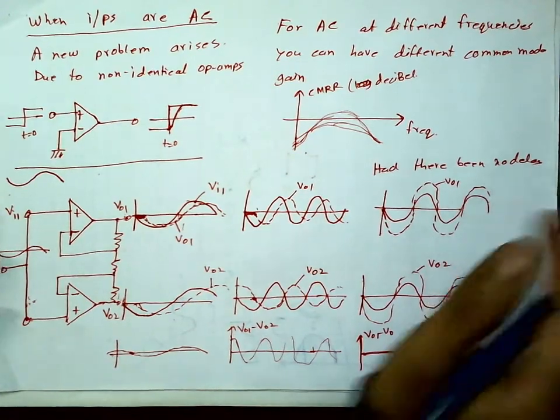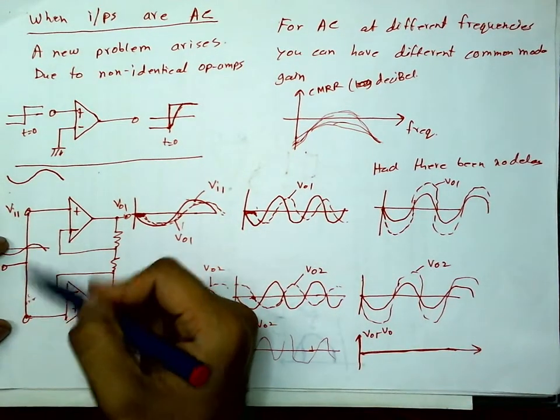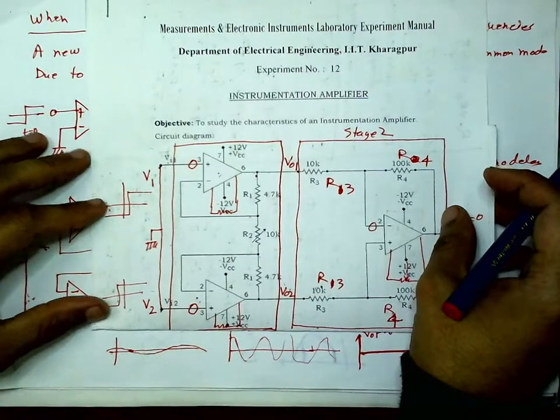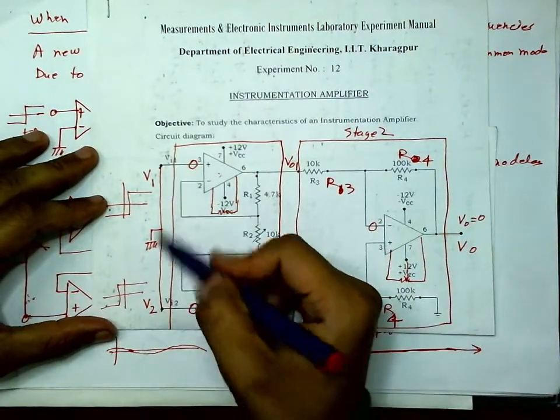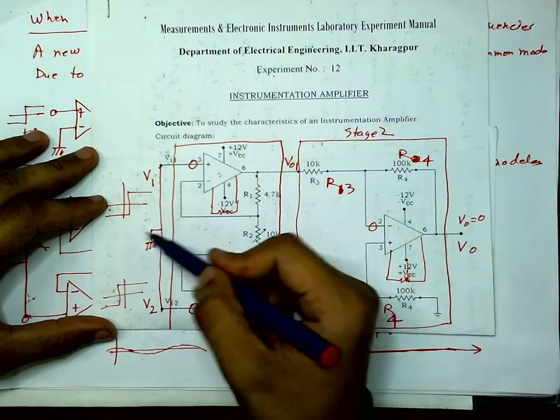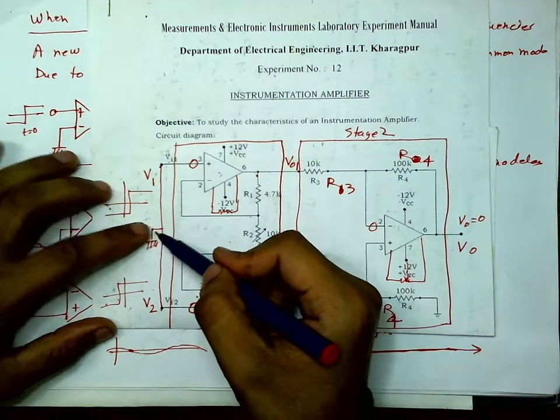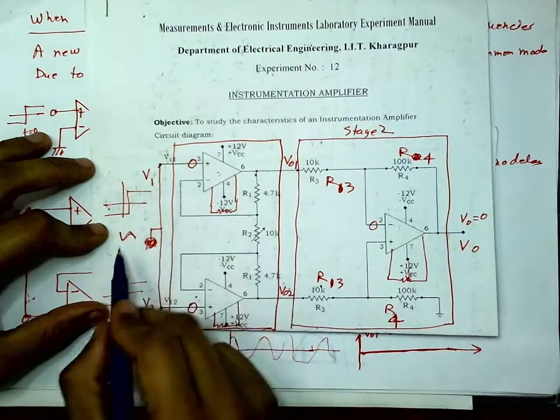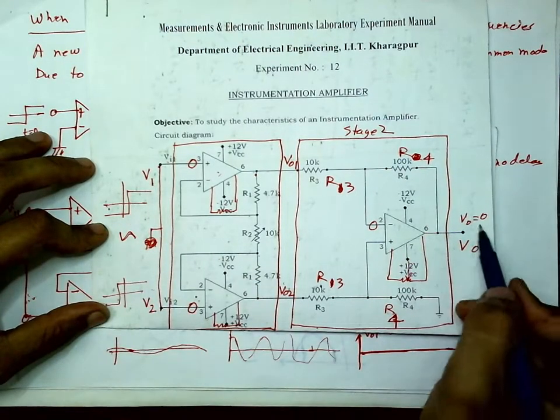What you have to do, you have to short these 2 terminals in this circuit, and give some sinusoidally varying input, not 0. Change the frequency and look at the output.